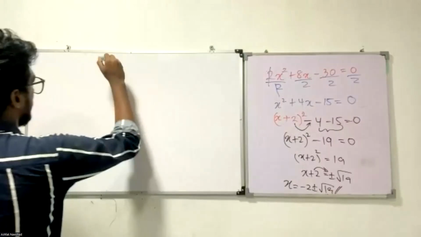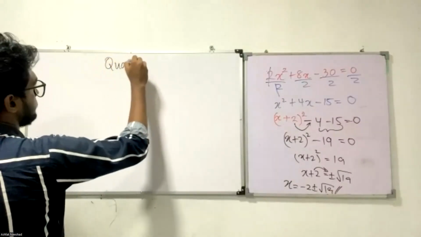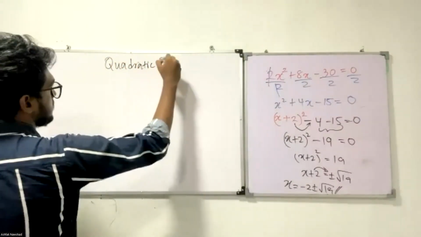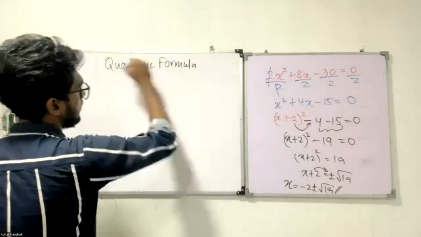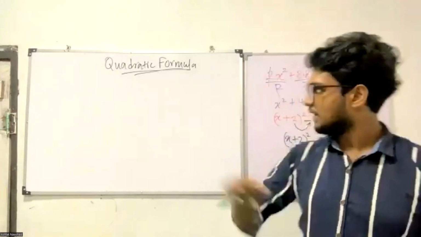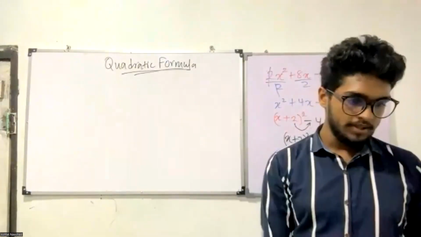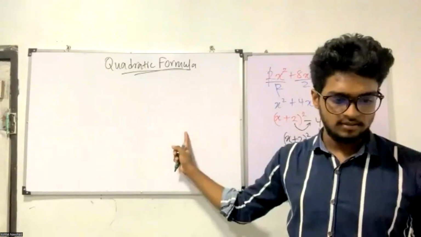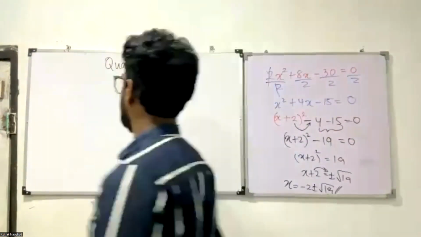It's called the quadratic formula. By using this formula, at once you can get the value for x. You have to do some simplifications. You just have to remember a formula.